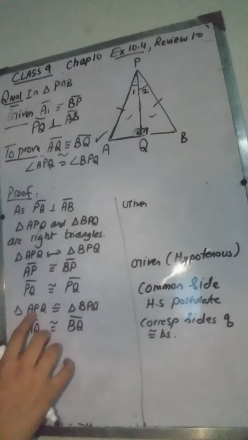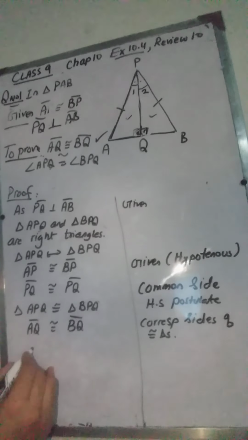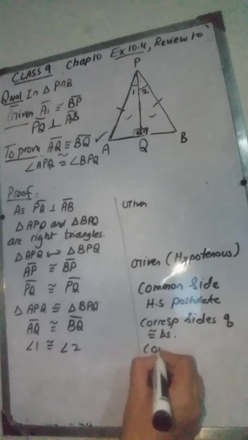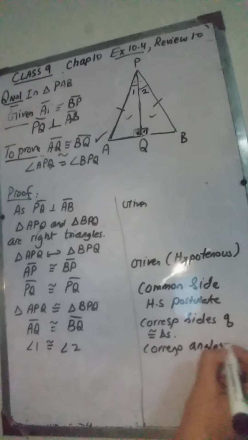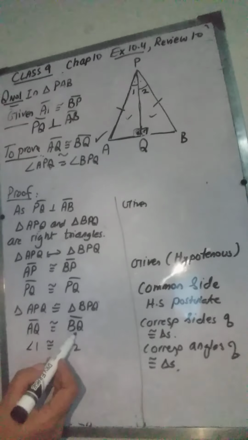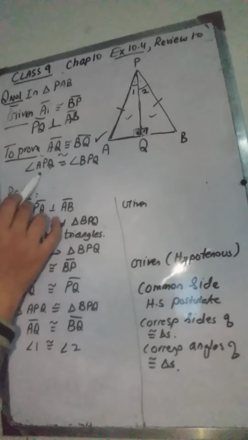As angle 1 corresponds to angle 2, angle 1 will be congruent to angle 2, corresponding angles of congruent triangles. AQ is congruent to BQ and angle 1 is congruent to angle 2, and this is what we needed to prove.